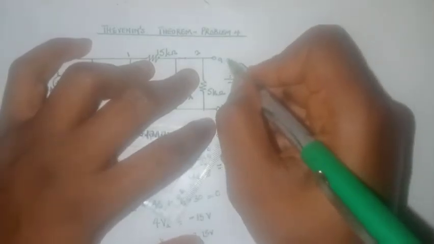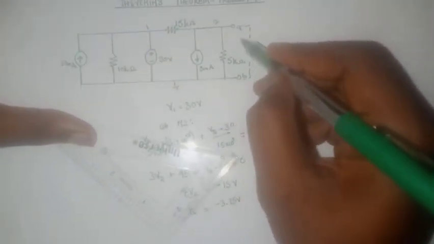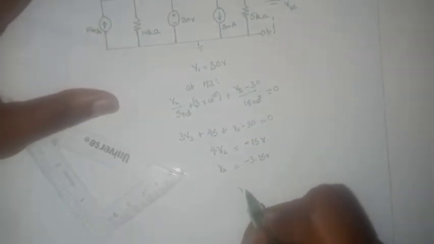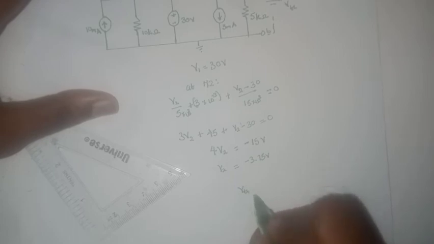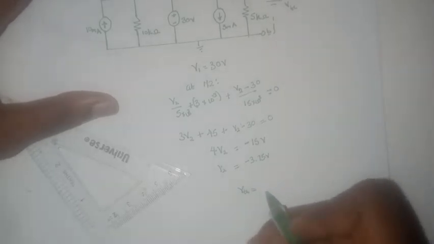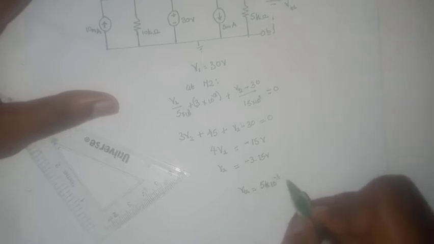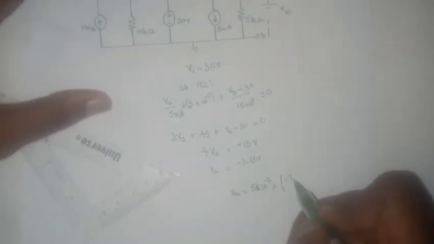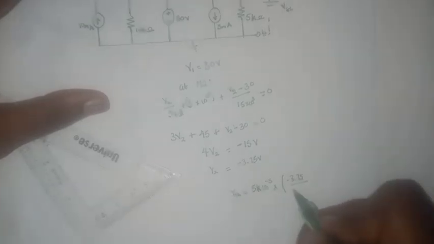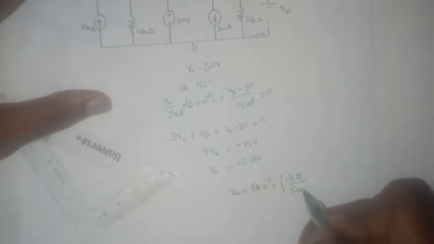VTH is connected across A and B. Then we can write a KVL equation in this loop, and with that information we would have VTH is equal to 5 times 10 raised to the power 3 multiplied by V2, which is minus 3.75, divided by 5 times 10 raised to the power 3.